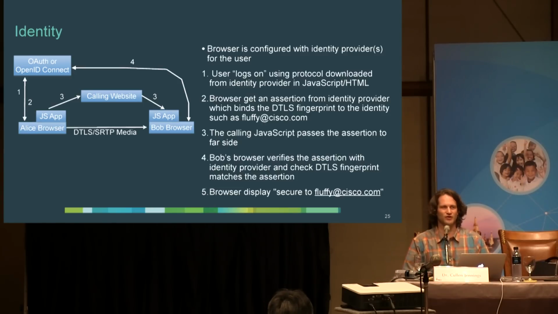So that's what we're trying to do in this WebRTC work: allow JavaScript to download and be able to verify these assertions from the actual identity provider, and make it so that if some other protocol came up 7 or 10 years down the road that replaced OpenID Connect, or some given environment wanted to use SAML or some other protocol for their reasons, they could do that. This is a very flexible identity framework.